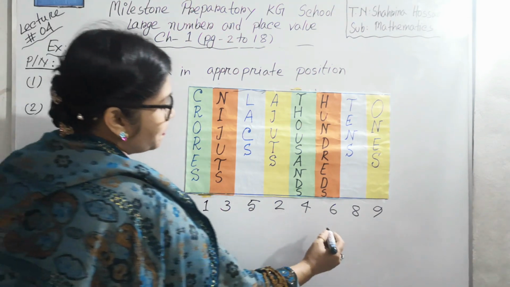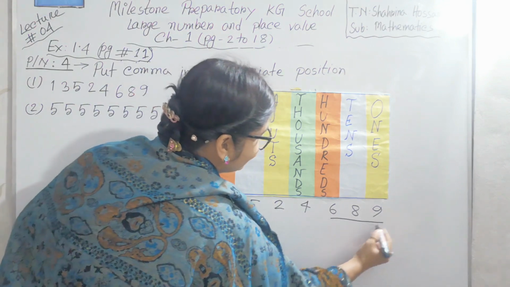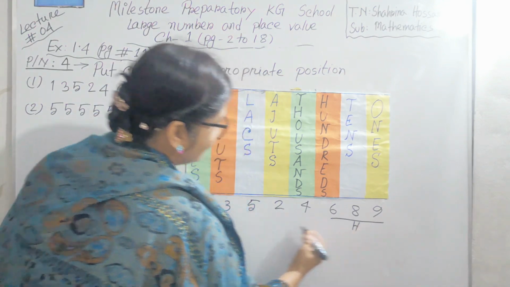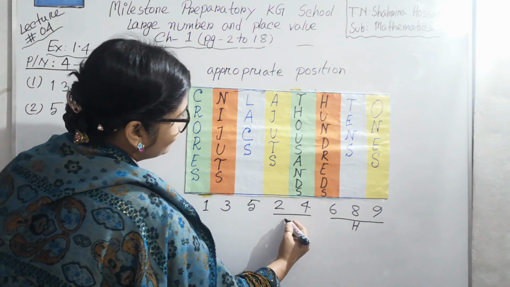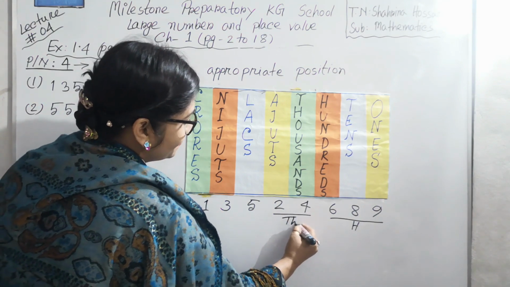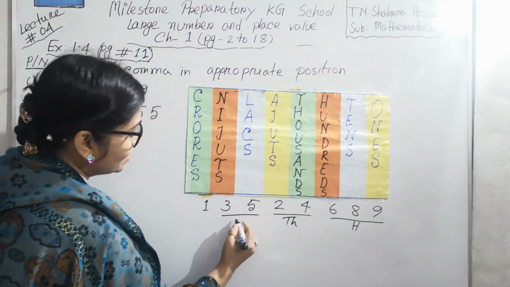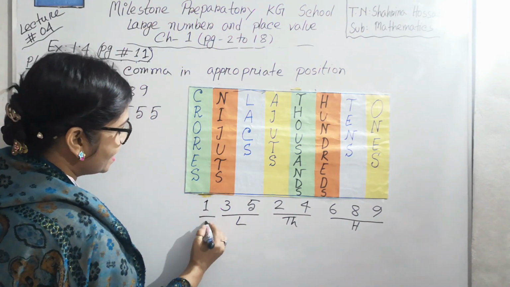That means this is the hundreds column. This is thousands, and 35 is lakh and 1 is crore.